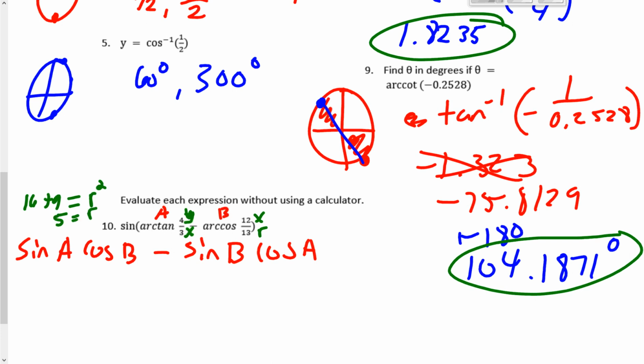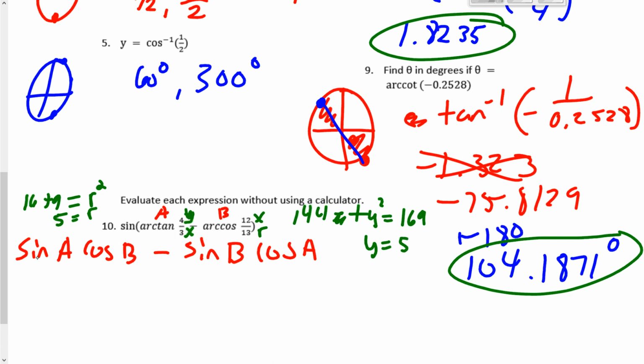It's a 3, 4, 5 triangle. Same thing with this 12 and 13. I square those, I get 144 and 169, but I'm going to subtract: 144 plus y squared equals 169. I subtract those, I get 25, so y is equal to 5.